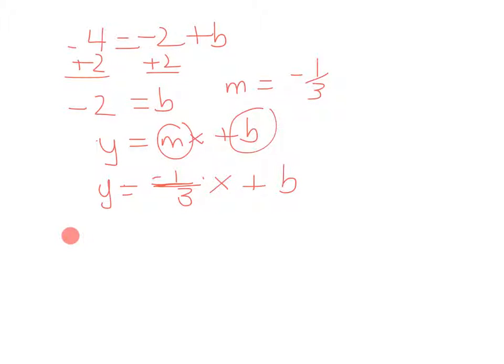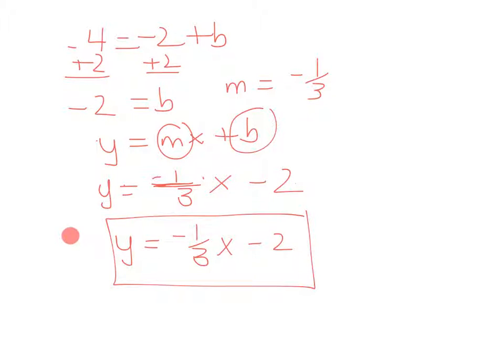And we know that the b is now -2. So I'm going to substitute that in. And our equation is y equals -1/3 x minus 2. And that's your answer.